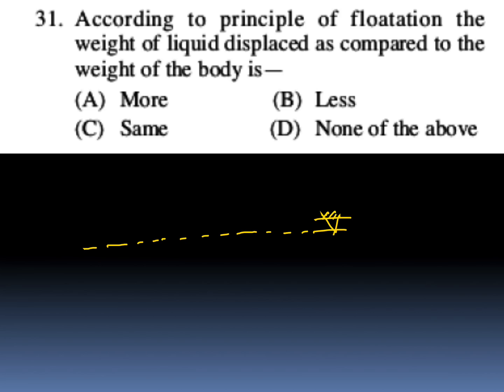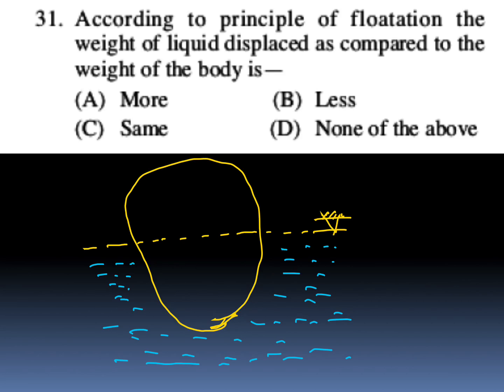Let this body be floating. For the principle of flotation, W acts downwards at the CG point, and this point is the center of the displaced fluid, the center of gravity of the displaced fluid. Let FB act here. For flotation, W should be equal to the force of buoyancy.